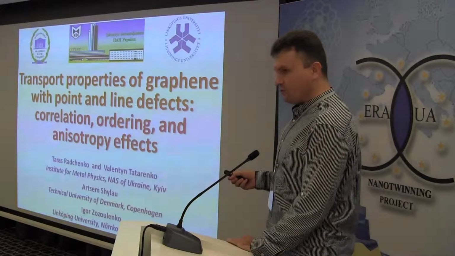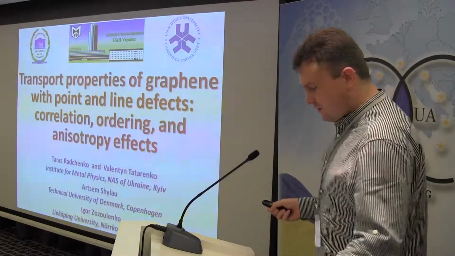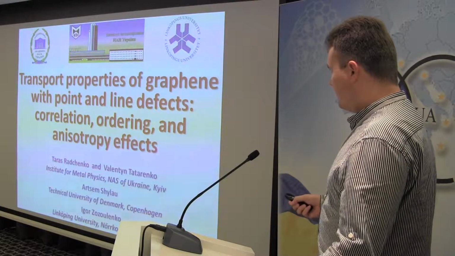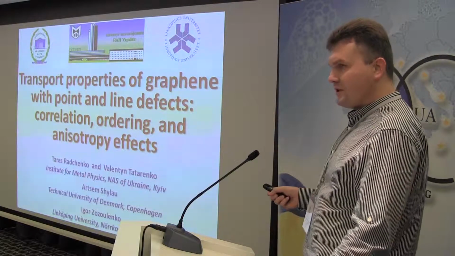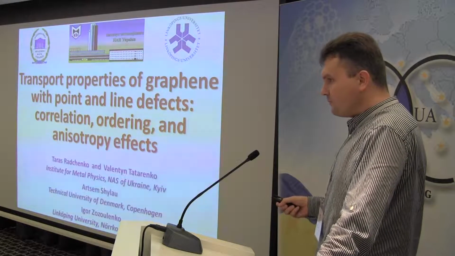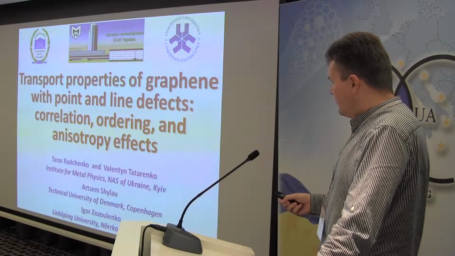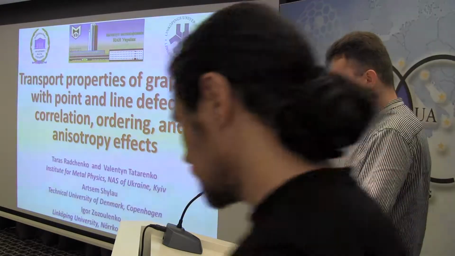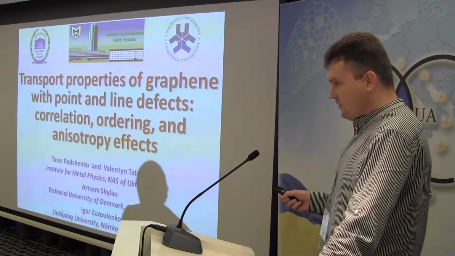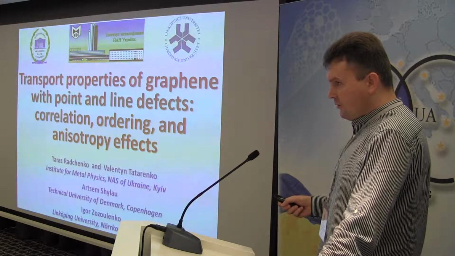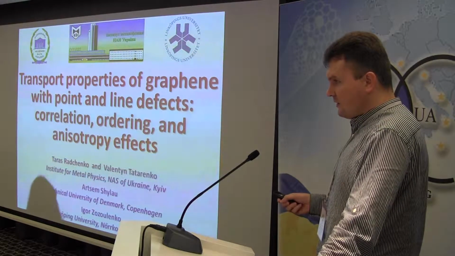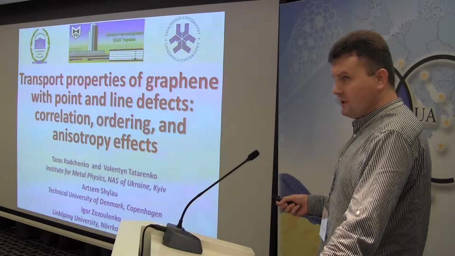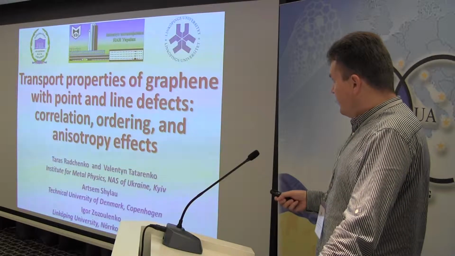As you see, my talk deals with transport properties of graphene. The aim of our study was to reveal how the configuration of different defects in graphene, of point defects and of line defects, affects the conductivity, increases the conductivity or maybe decreases the conductivity.